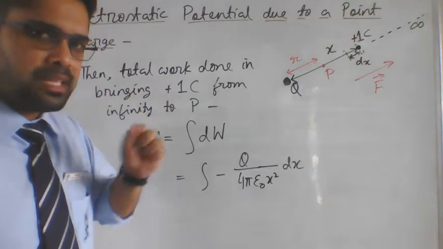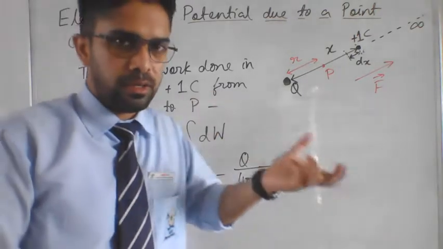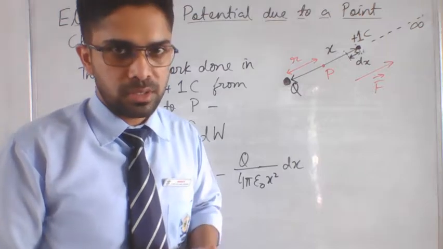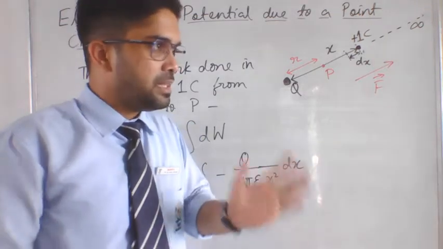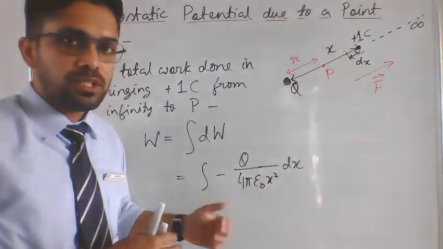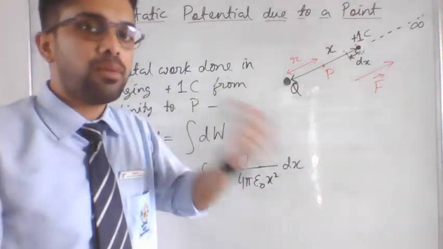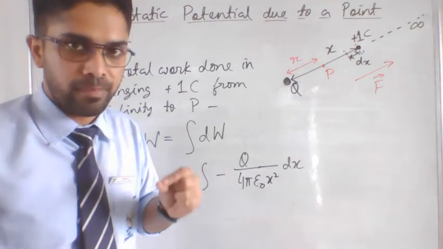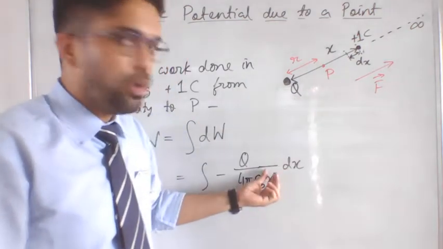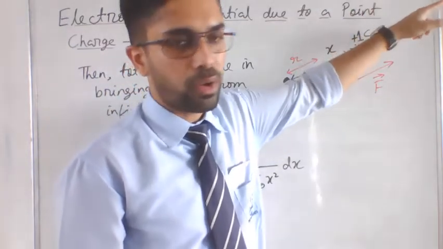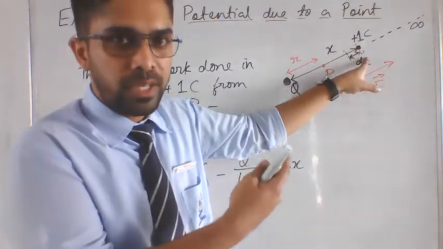But here, as I told you earlier while discussing the general mathematical integration, we will be getting something called the boundary conditions. What are the boundary conditions here? See, our integration is not going to happen forever or for the entire length. It is starting from somewhere and it will be ending somewhere, right? We'll be starting to add up from infinity, because the particle is coming from infinity, right?